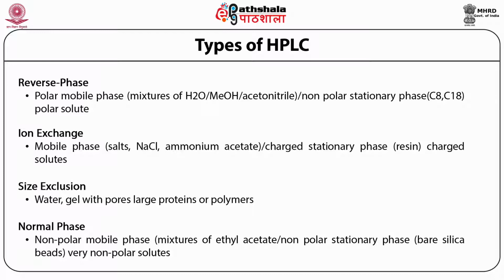Now, based upon the application, for our convenience we classify them in different ways. When HPLC was developed, people preferred to use normal phase. That means a polar stationary phase and a non-polar mobile phase.